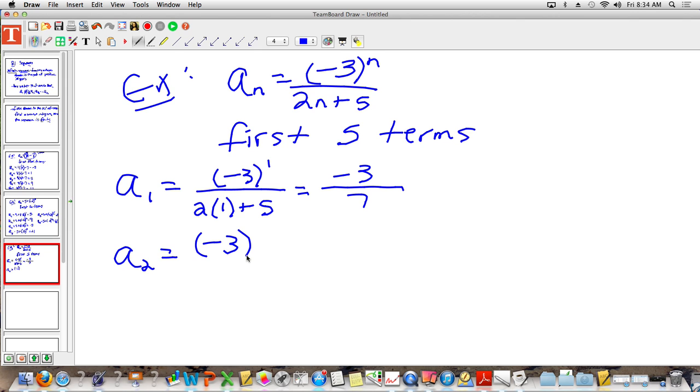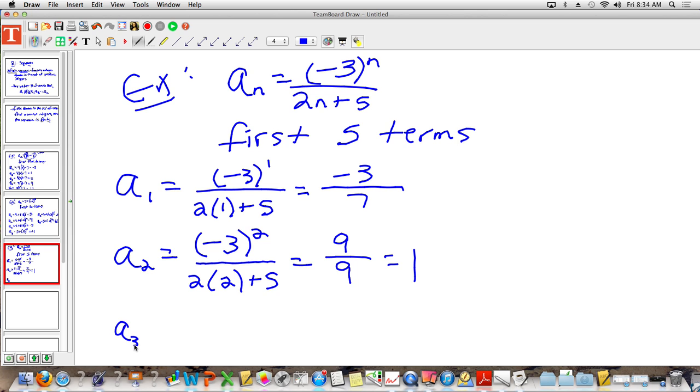What's going to happen to my numerator now when I put a negative number to an even power? It's going to be positive. Thank you. All right, so negative 3 squared is positive 9. And then the bottom, 2 times 2 is 4, plus 5 is 9. So in this case, we have 9 over 9, which is 1.